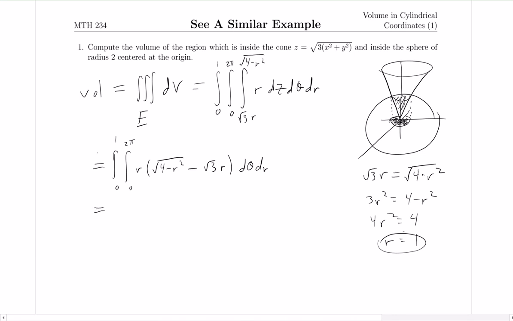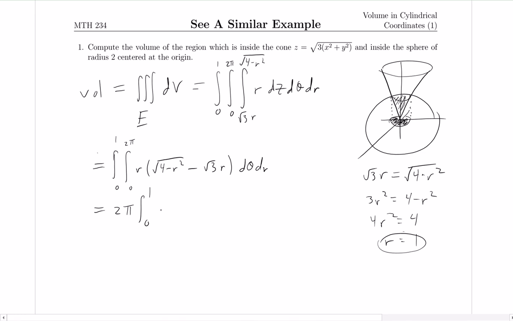Okay, and the only reason I switched the order of d theta and dr here is because there's no theta anywhere in this function. So we can just get the theta integral out of the way right now. It's very easy. We'll just multiply by 2 pi. And now we don't have the theta integral.